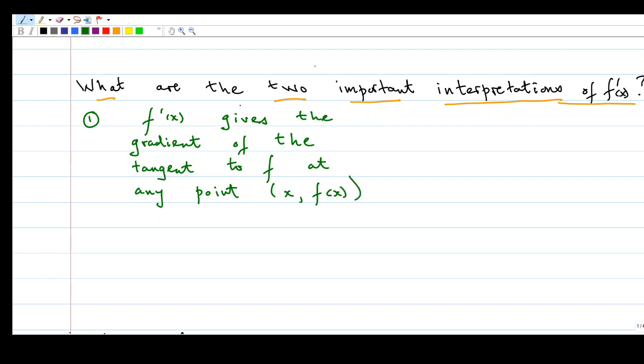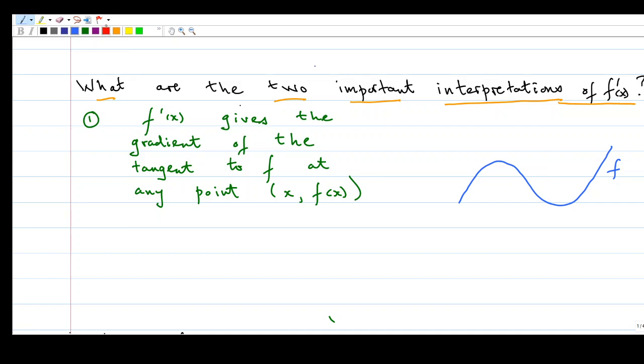So if you visualize this, supposing we've got a curve which we're calling f, right?